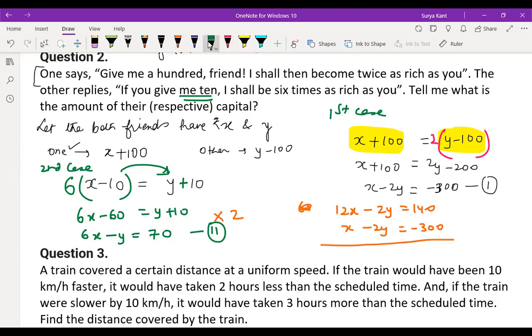The minus and plus will get cancelled. 11x is equal to 440. So x is equal to what? 40, correct? Yes, sir. Then y you can solve. Put the value. So y is 170, sir. Okay, y is 170. Fine.